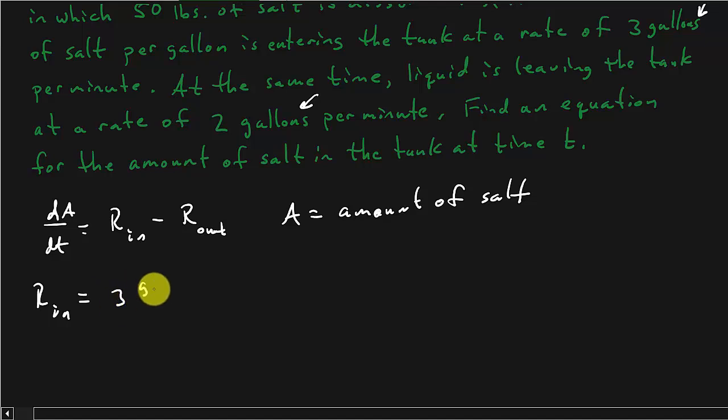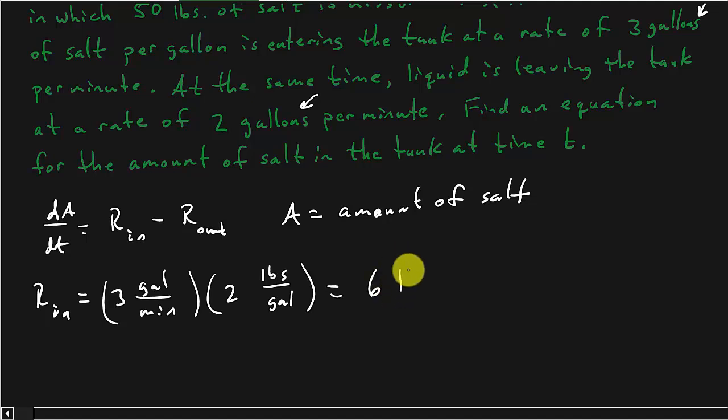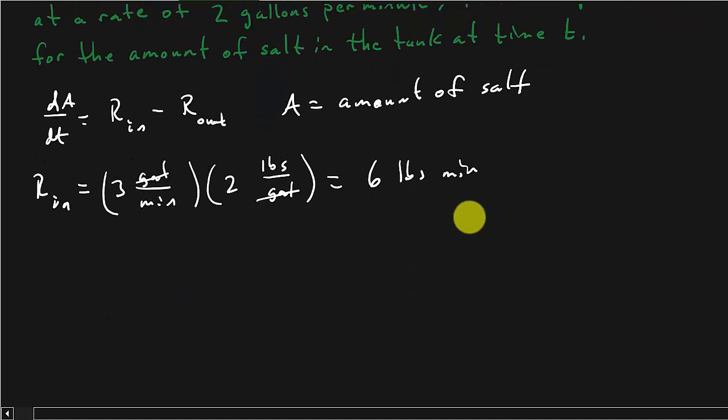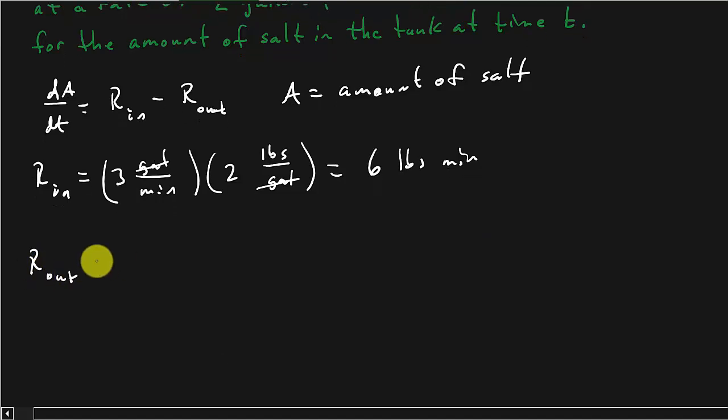We've got 3 gallons per minute times 2 pounds per gallon. And that's going to be 6 pounds per minute. The gallons cancel. Now let's look at the R out. So that's going to be 2 gallons per minute.